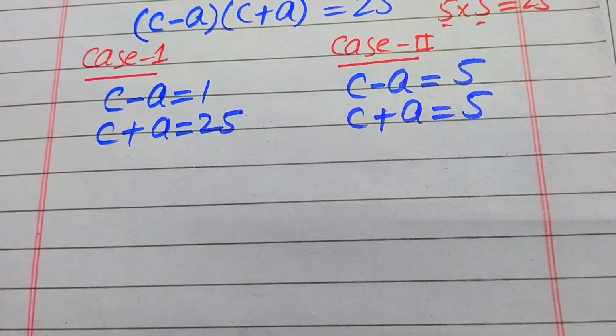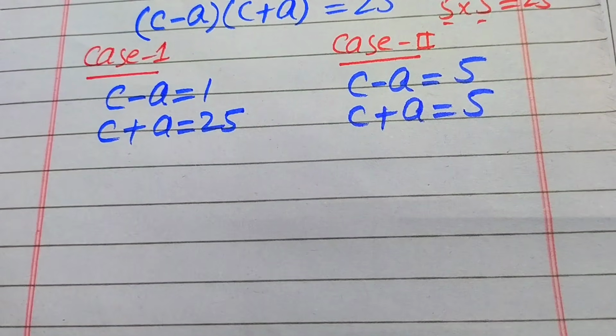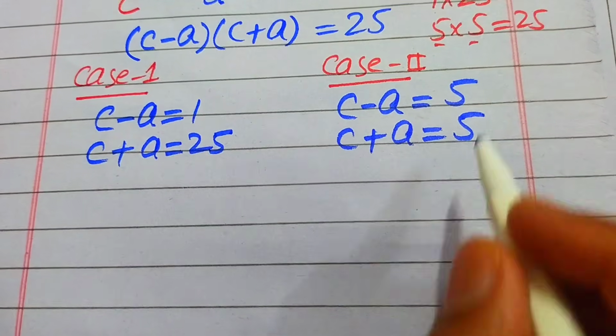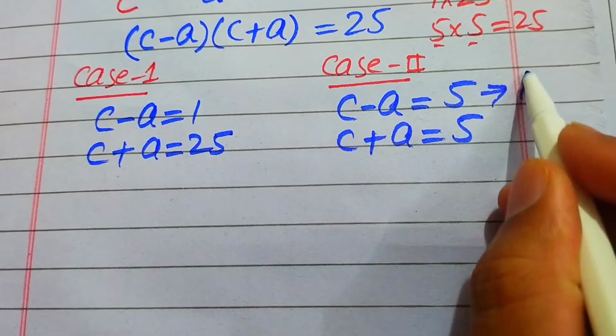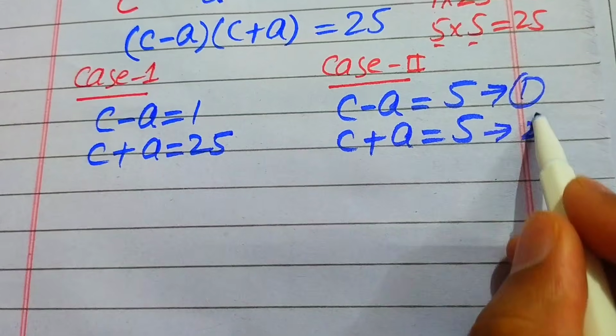So these are the two cases in which we first need to find the values of a and c, and then we move towards finding the perimeter of this triangle. First we focus on the second case. We call this equation number 1 and this equation number 2.